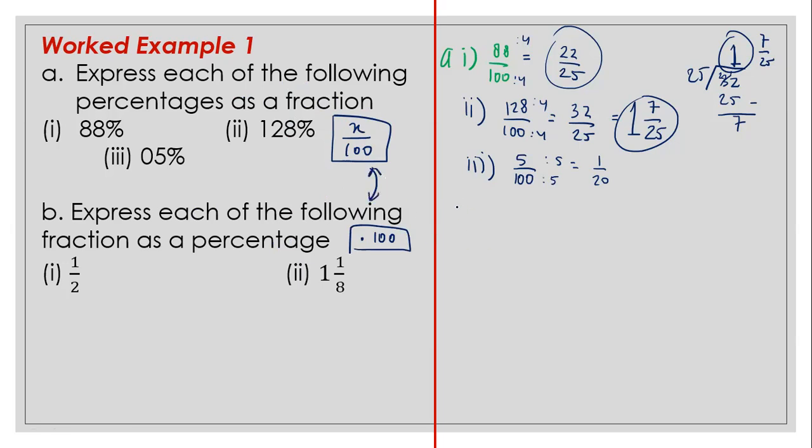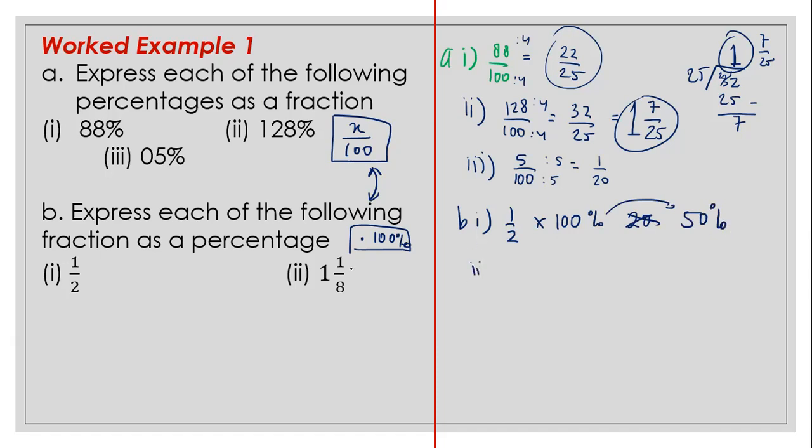So for B part 1, 1 over 2, you just multiply by 100. I think this is very simple. Don't forget to put the percent sign on the right side. So the answer will be 50%, because 100 divided by 2.